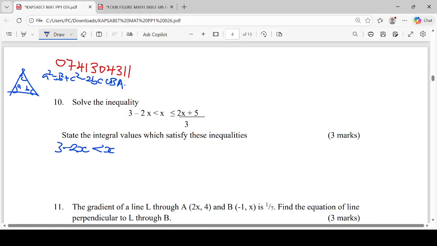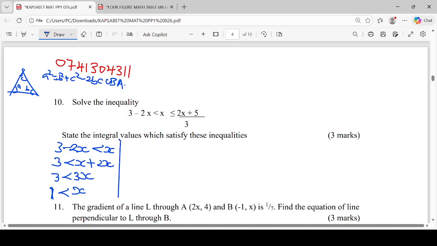So we are going to have 3 is less than x plus 2x. This means that 3 is less than 3x, meaning now that 1 is less than x. That's the first part of this inequality.